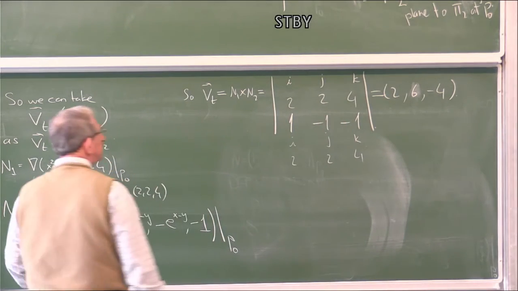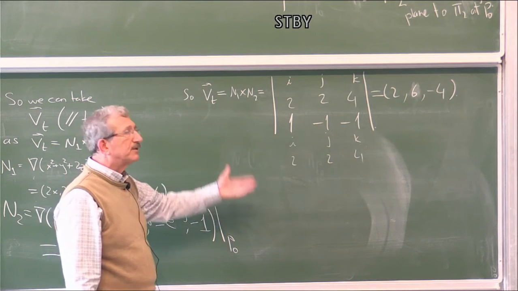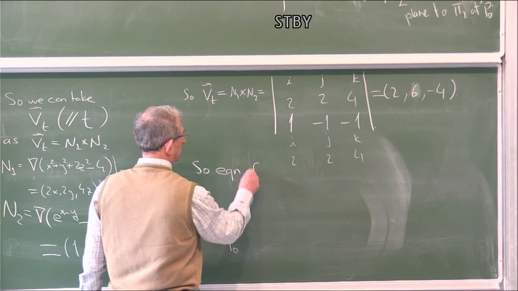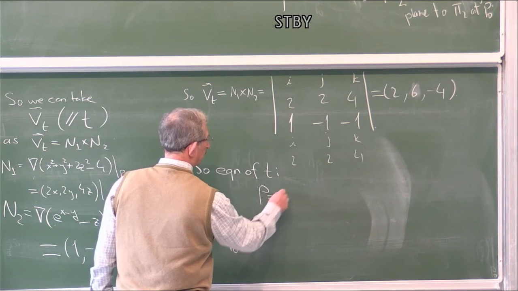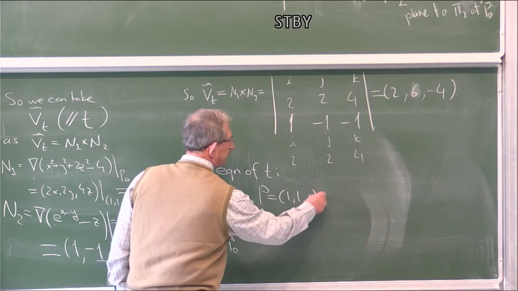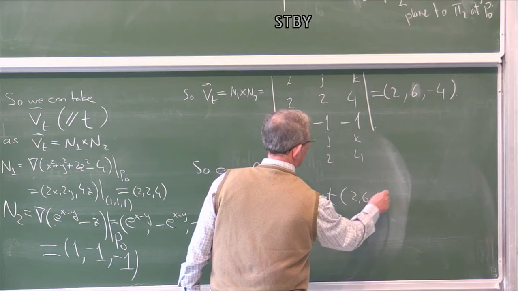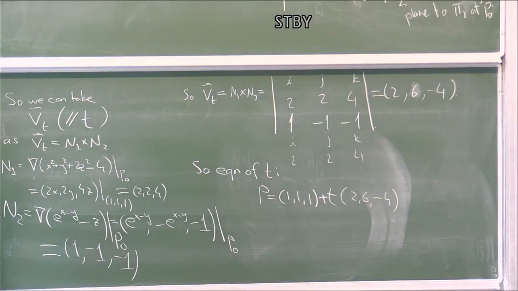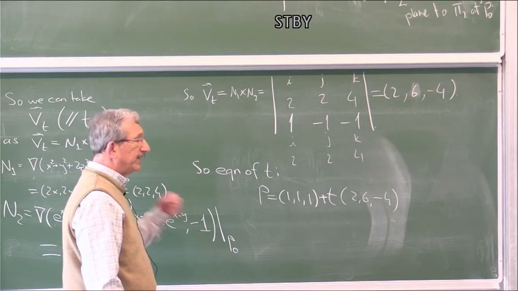Now, T has this parallel vector, and it passes through P0. So the equation of T would be P is equal to P0 plus t times 2, 6, and minus 4. Of course, you can forget the multiple 2 over there. Just say it's 1, 3, minus 2. So this would be the equation of T.